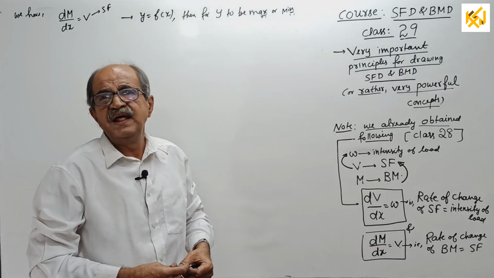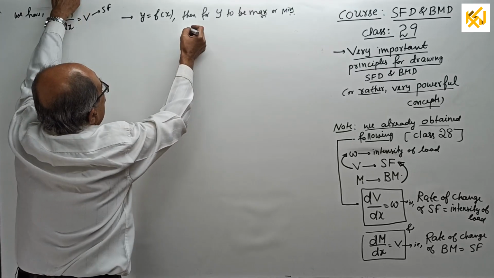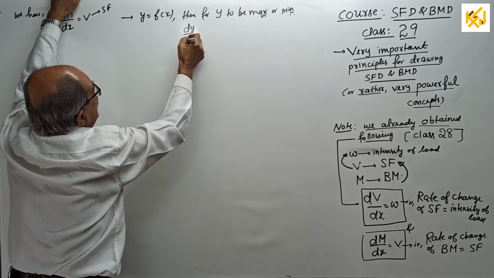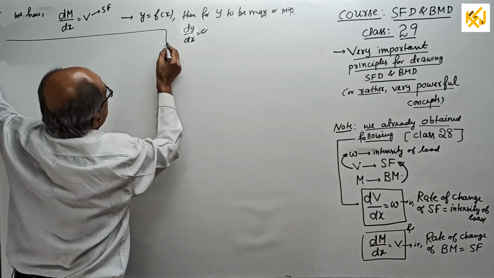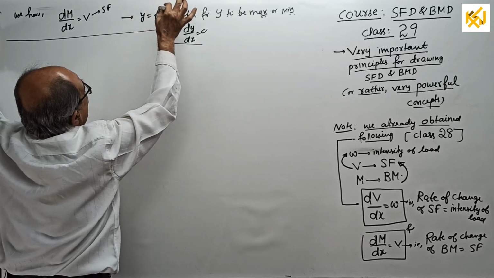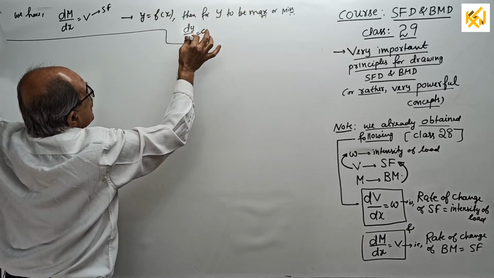But once in a while, rarely, we get minimum. I will tell you about minimum now. Then we know that dy by dx should be 0. Therefore, for y equal to f of x, y to be maximum or minimum, dy by dx equal to 0.